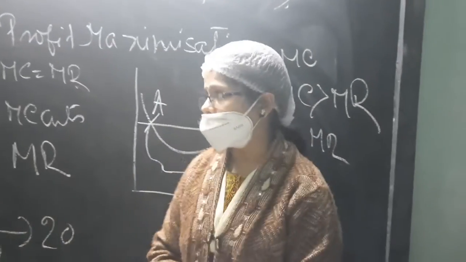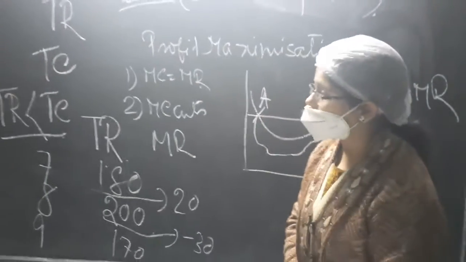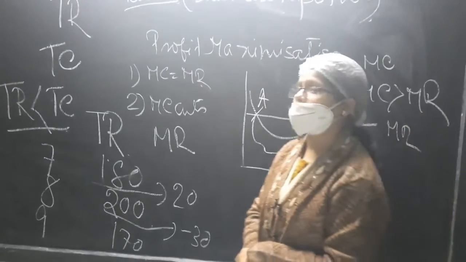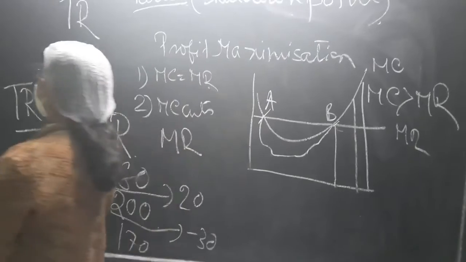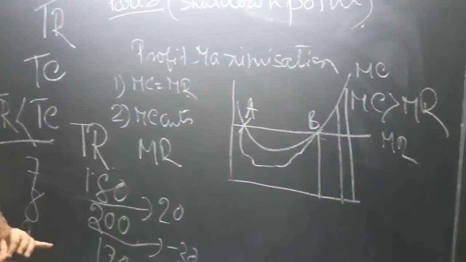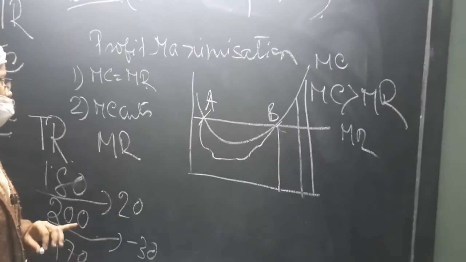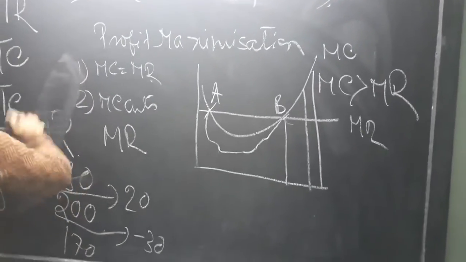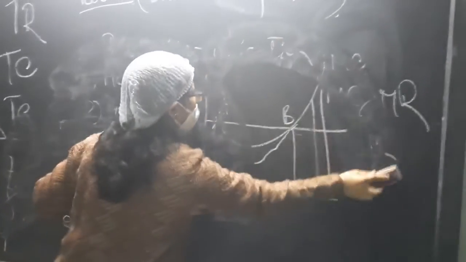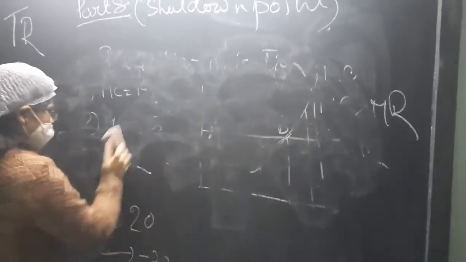This question is very, very important. I will give the answer. If the firm suffers loss, meaning TR is lesser than TC, whether the firm will continue the production or stop the production. Generally everybody can say the firm will stop the production, but the answer is not like that.